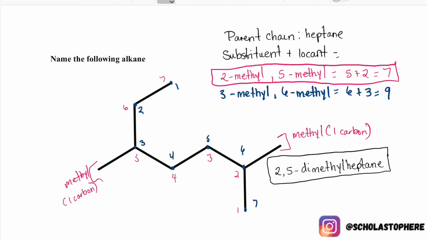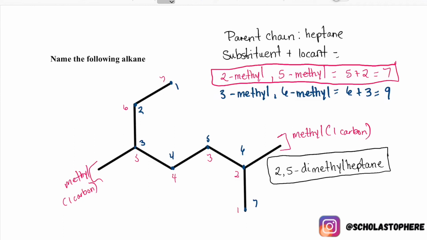So a trick that I like to do when I have multiple substituent groups and I have to consider multiple locations, for each pathway you're going to add the location numbers together. So for example, if we take the red pathway, where we have a methyl group at 2 and 5, well, 2 plus 5 is going to give me 7.